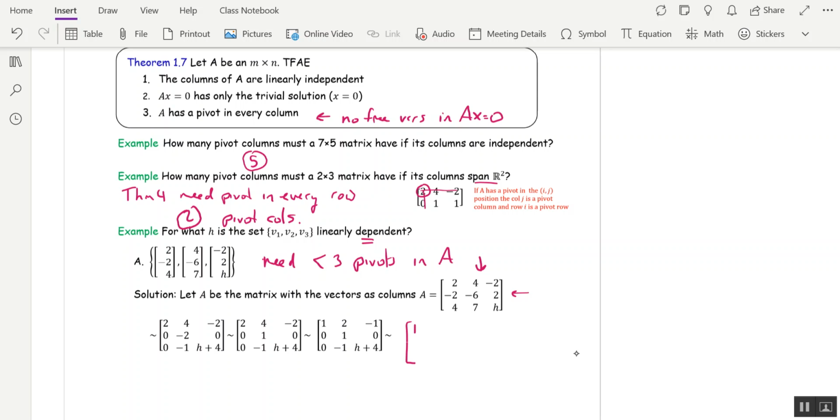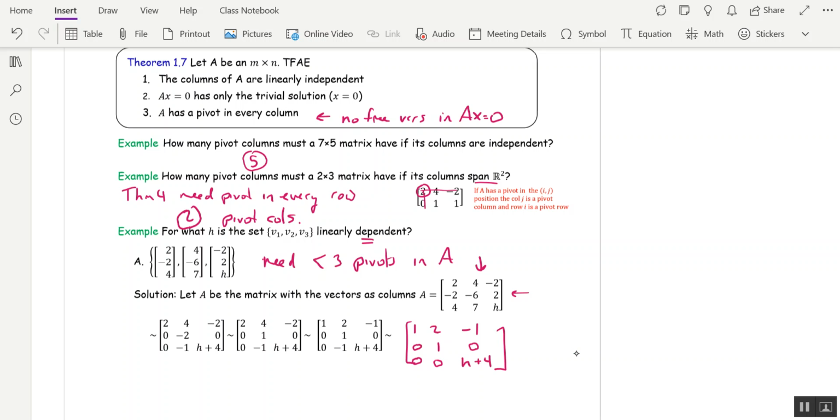I'm going to leave the top row alone. You should make sure you can follow those reductions. 0, 1, 0. I'm going to add the second row to the third. 0, 0, H plus 4. Now that's echelon form.